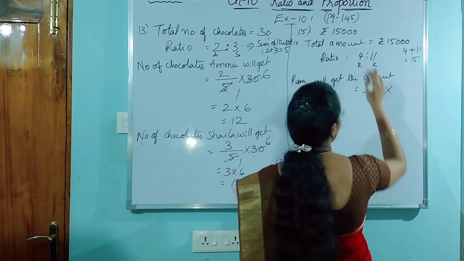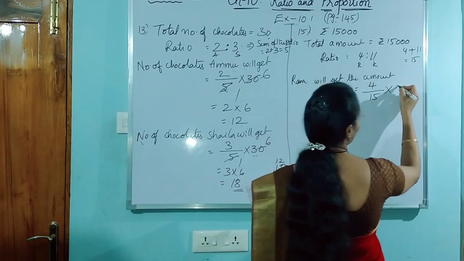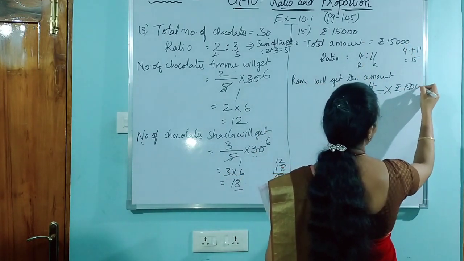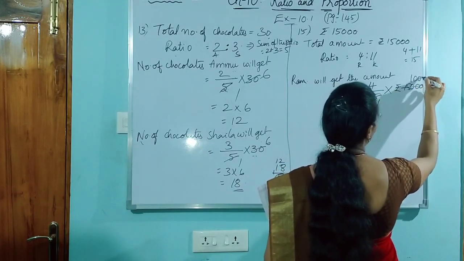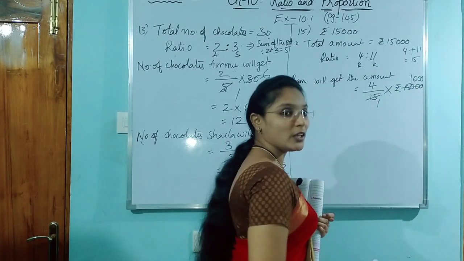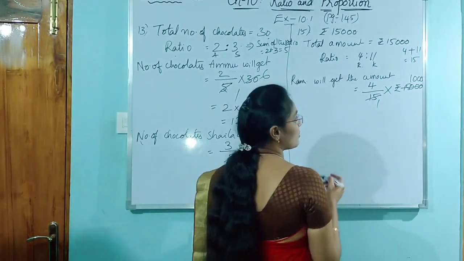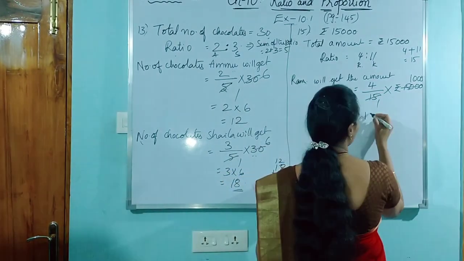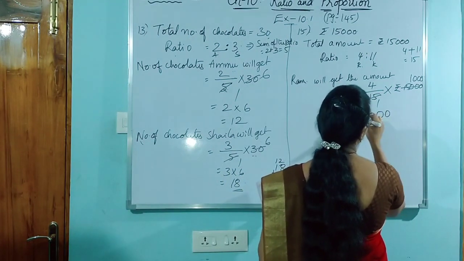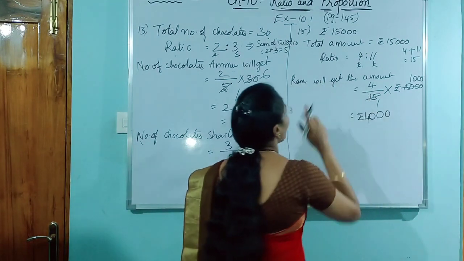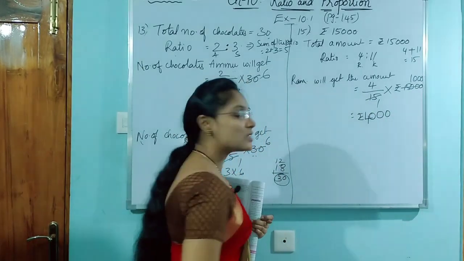Multiply that fraction with the data you have. I have the data 15,000. Okay, so 15 ones are 15, 15 into 1000 is 15,000 only, no? So 4 into 1000, 4,000. So Ram will get 4,000 rupees.